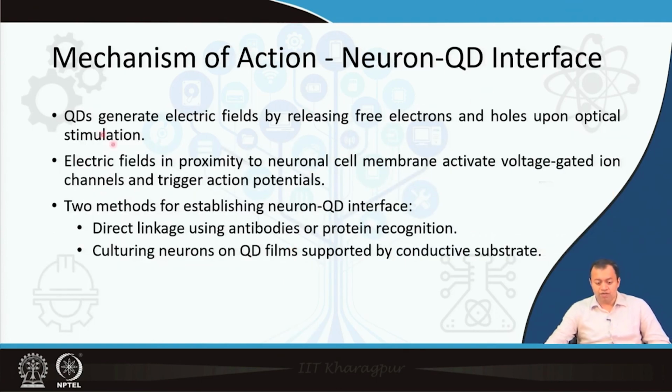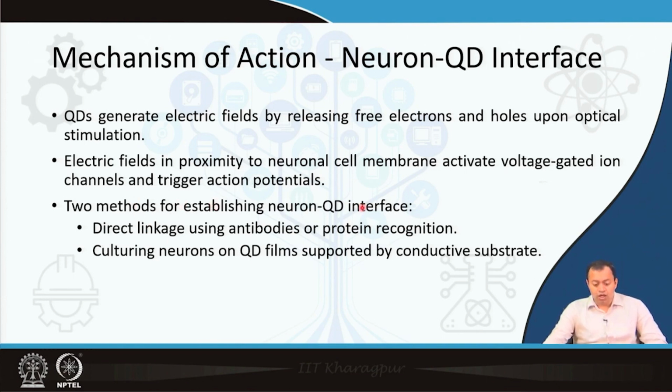Neuron and quantum dot interface. Quantum dots generate electric fields, not necessarily electric current. Electric fields allow the attraction or repulsion of specific ions, positive or negative, in a specific direction, resulting in free electrons and holes upon optical stimulation, and either the resting potential or action potential getting triggered.